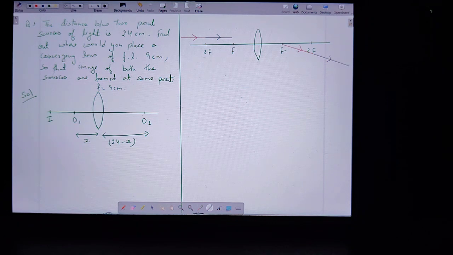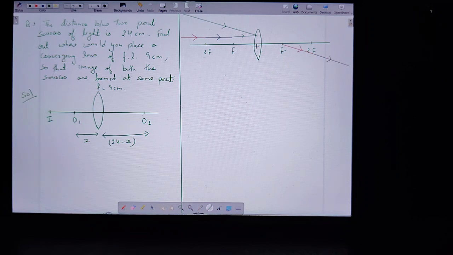And also then when the object is moving from focus to the optical center, like this, the image will move from minus infinity to the optical center. In all the cases, it is not possible that for two objects on the same side of the lens, image can coincide, because if there is separation between the two objects, image will also be at two different positions.